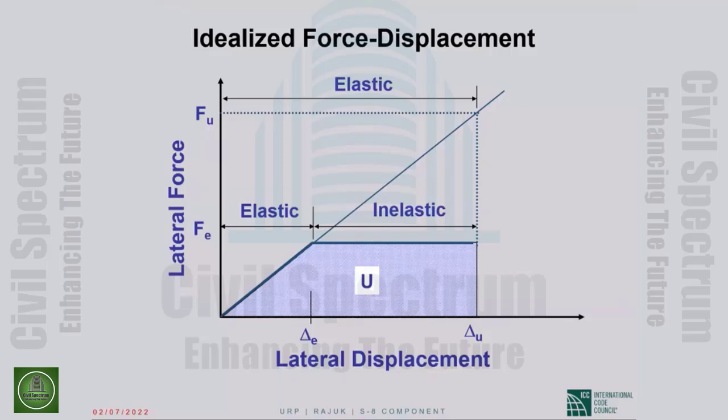If the full factored gravity loads can be sustained only over a short range of inelastic deformations, then the structure has low inelastic deformation capacity. Okay? Inelastic deformation capacity comes from proper detailing of the members and the joints.